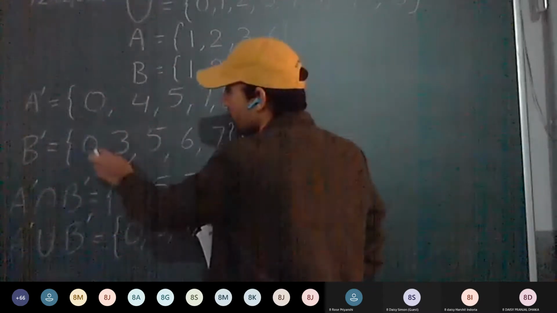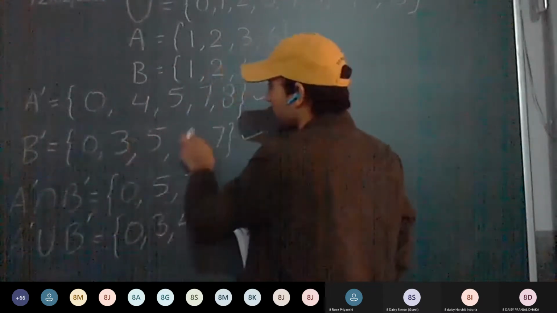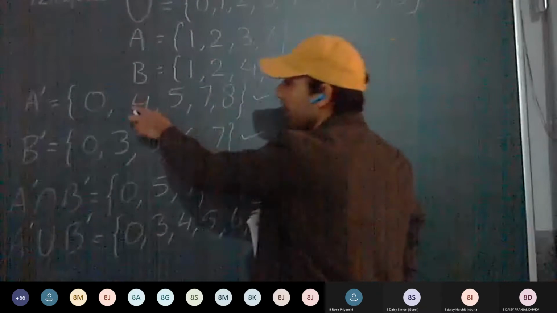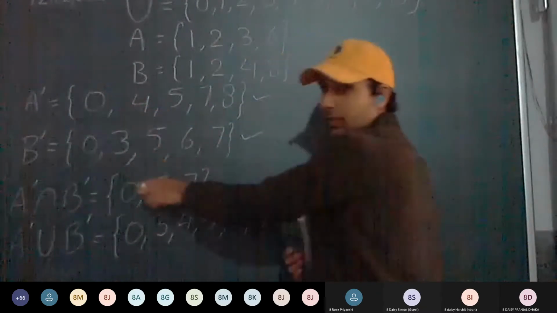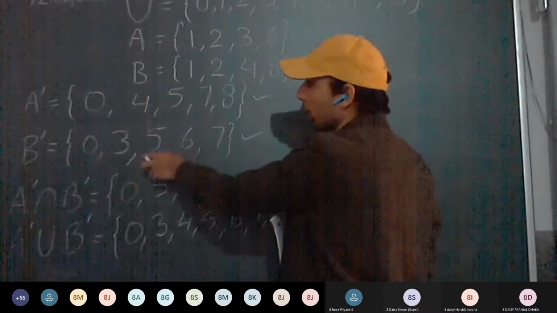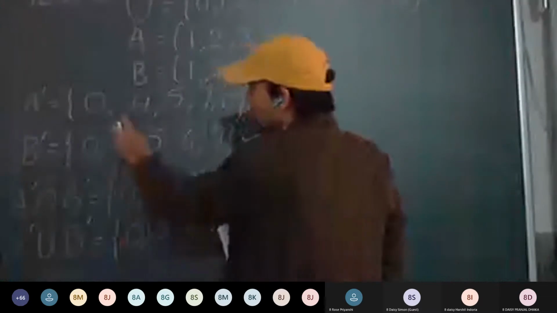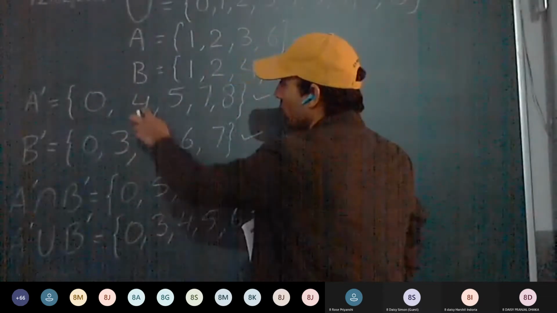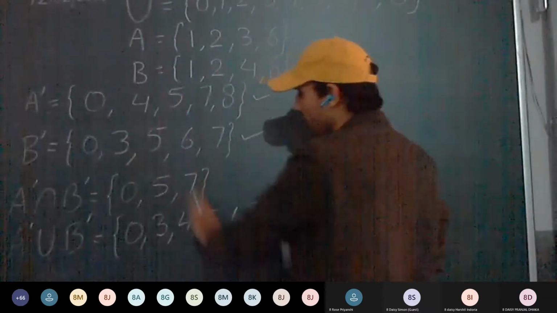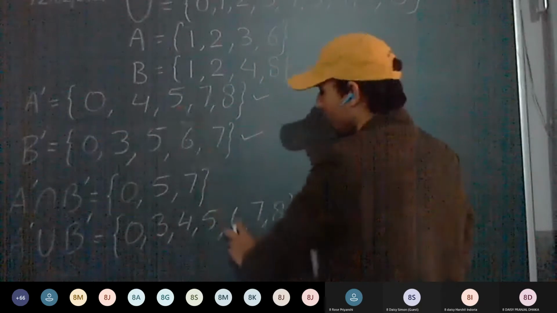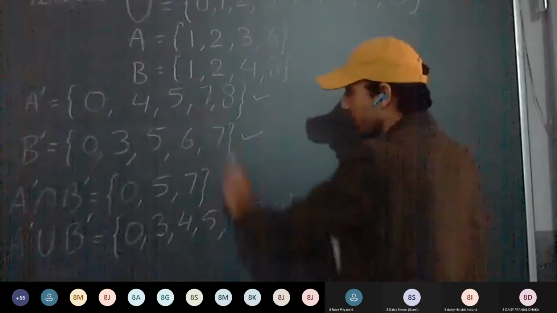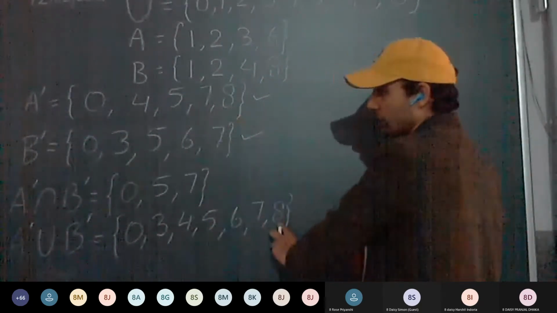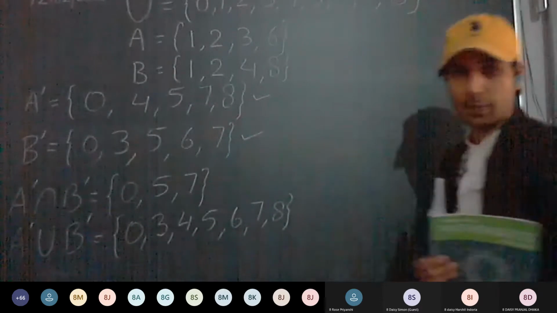Now we have to take their union. Union means that all the elements which are present in A dash or B dash will be there. 0 we took, 3 in B, 3, 4, then common element 5, once we take, 6 we took, 7 common element is there, 7 we took. Now 8 we took. This is A dash union B dash.